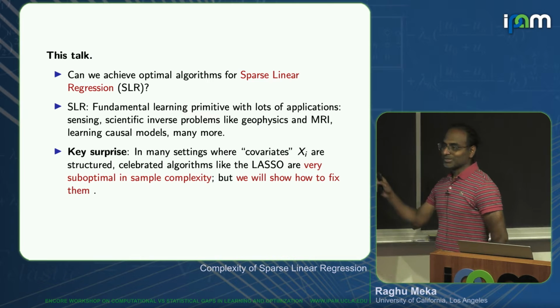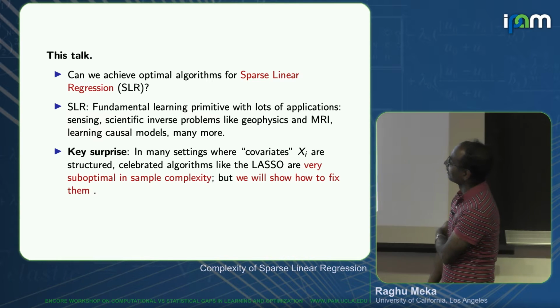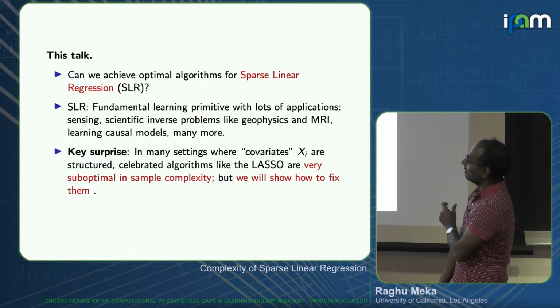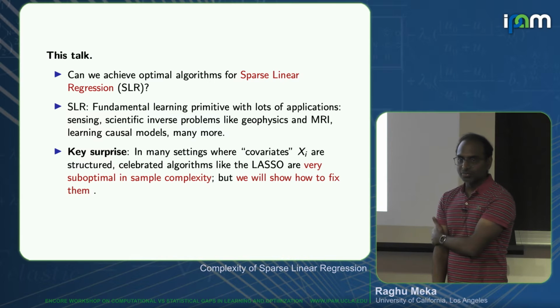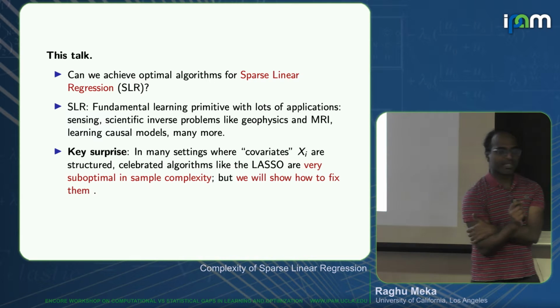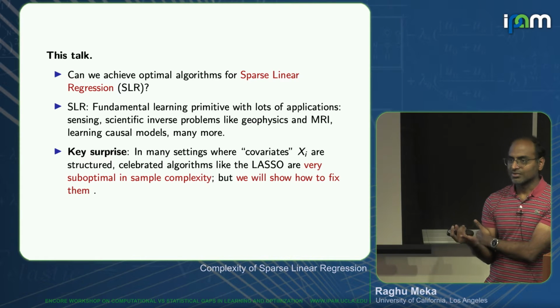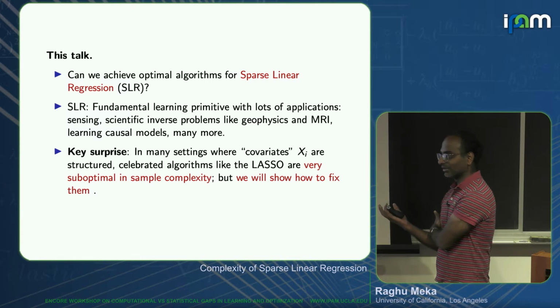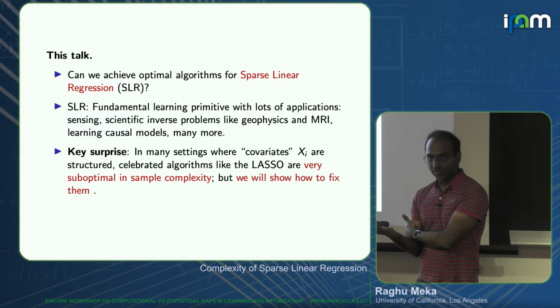One thing that was somewhat of a surprise for us when we first started working is that even when the covariates of the distribution, the inputs, have small correlations among them, the algorithms that are most often used, like Lasso, basis pursuit, and all of these other variants, fail in achieving good sample complexity.